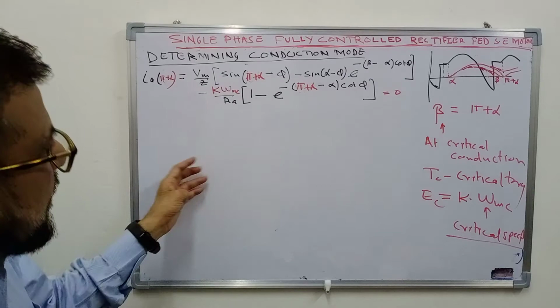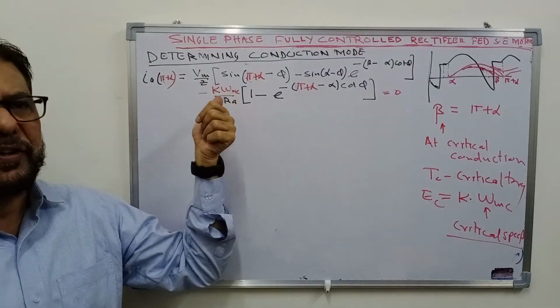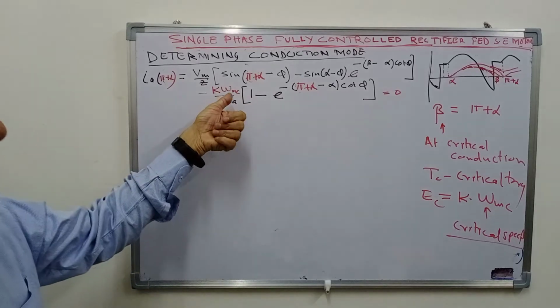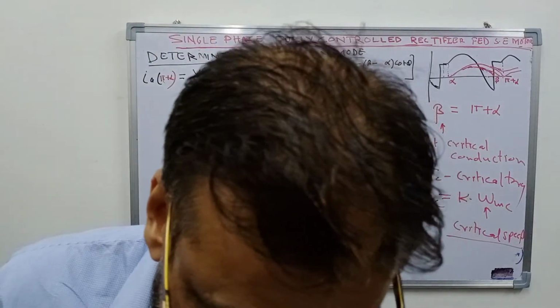So this means that here everything is known to you, and you are interested in finding out the critical speed. You can solve for omega mc, and this equation I will just write here.